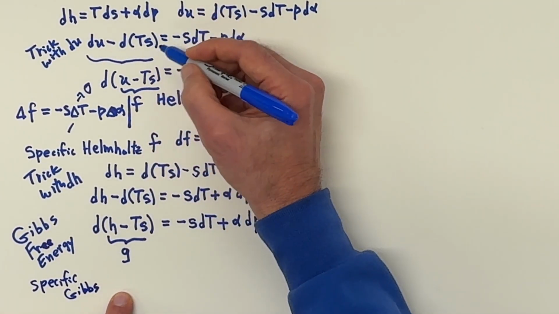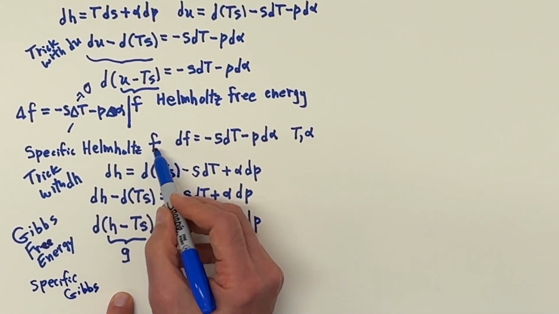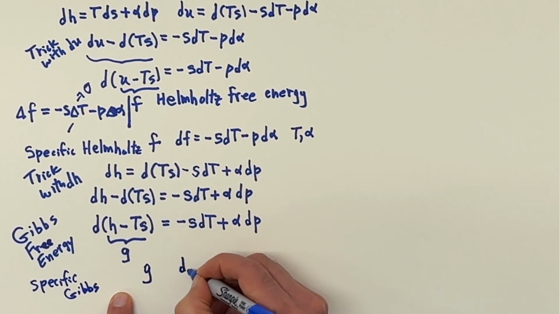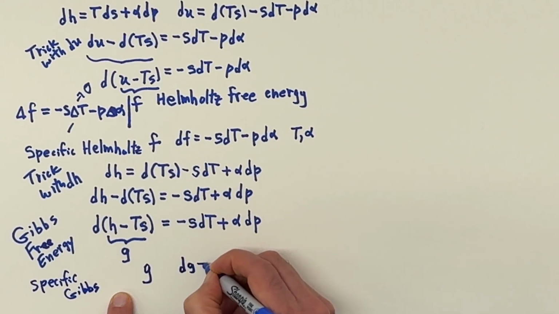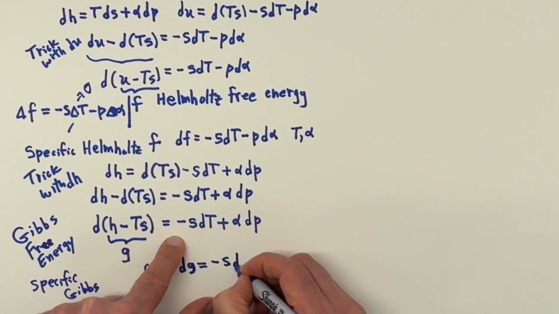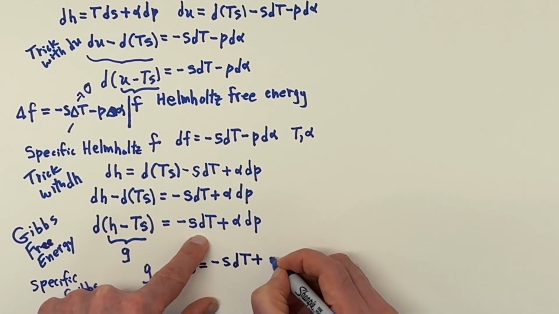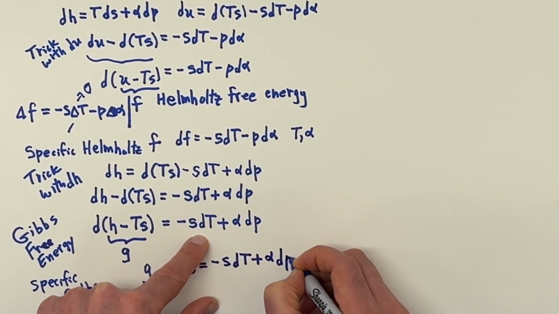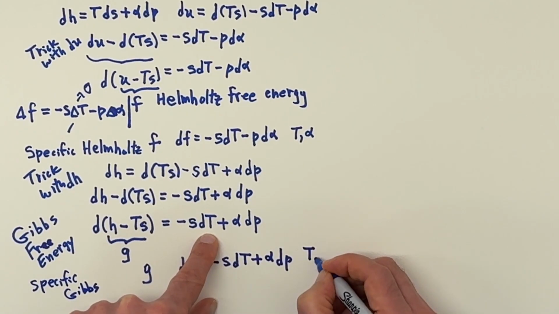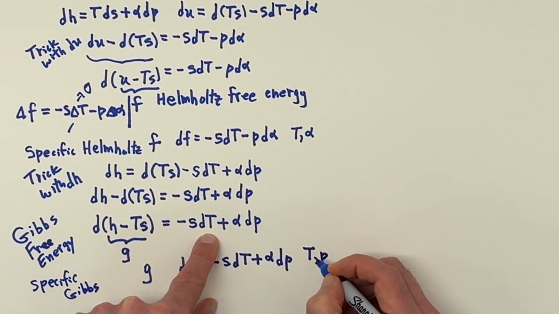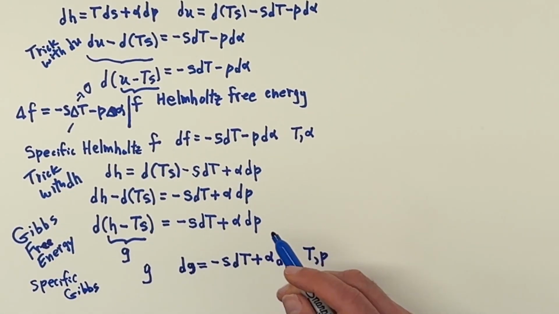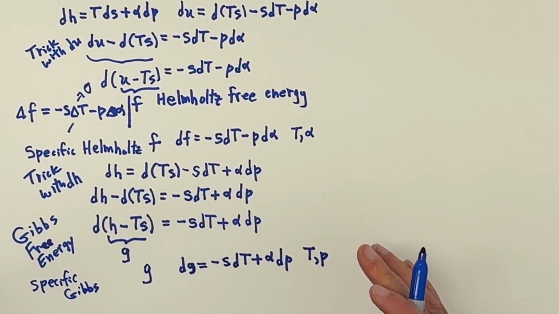The symbol for that will be G, and then the dG will be this: minus S dT plus alpha dP, and then the variables will be T and P. And that creates the 4 state functions.